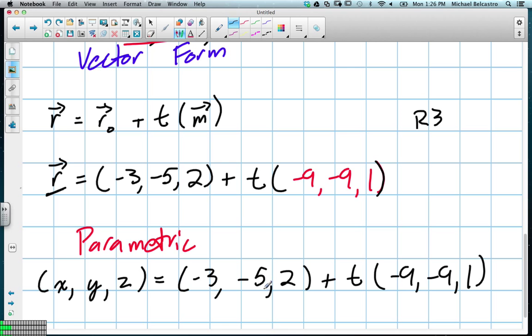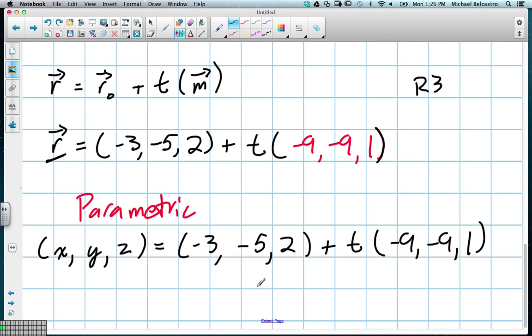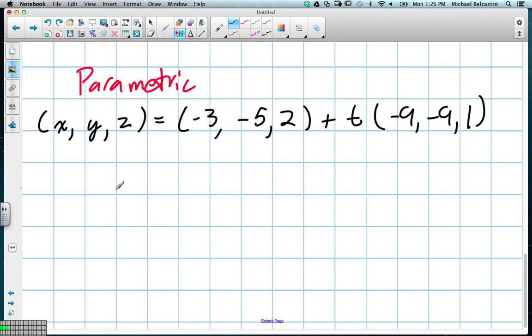So, for parametric form, we're going to have 3 equations. One of the equations needs to be set equal to x, one to y, and one to z. For our x equation, we take x is equal to the first point plus the x value of the directional vector times our parameter. So x is equal to -3 minus 9t.